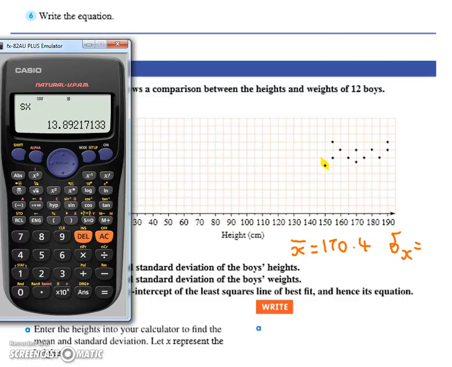Why are we using sample? Levi. Who are we getting? Yes, it is. Why is it a sample, not a census? Why is it a sample? Only doing 12 boys. Because it said so, 12 boys. Yeah.